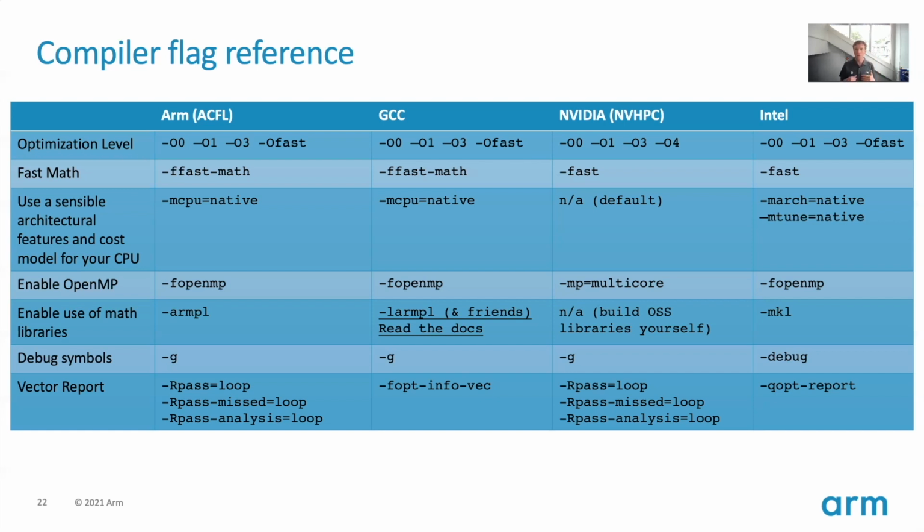And then if you want to dig even deeper into that, there's similar flags to say, give me information when you didn't manage to vectorize a loop or unroll a loop, and give me information about what you were reasoning and what you were thinking about when deciding whether to vectorize or unroll or not.